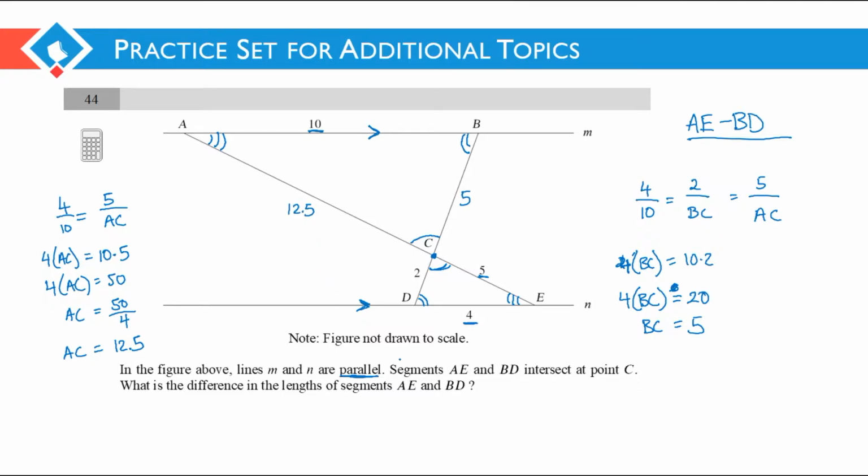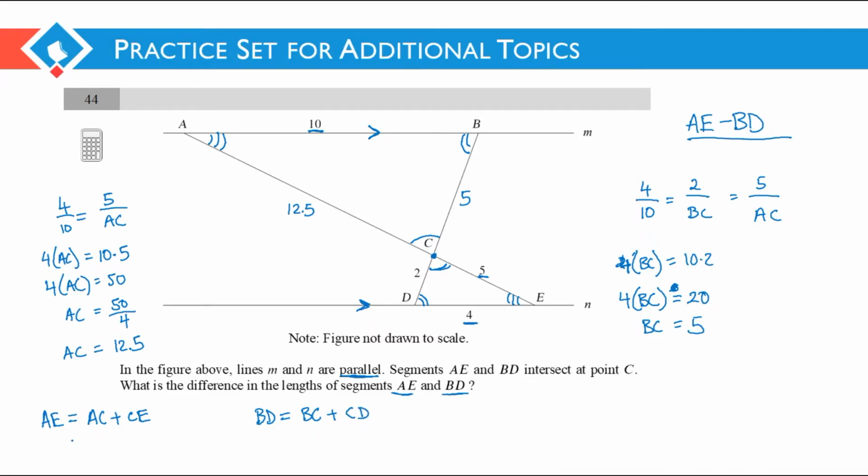And then it's asking us, what is the difference in lengths of the segments AE and BD? So we know that AE must be equal to AC plus CE because they are on the same line. And we also know that BD must be equal to BC plus CD.